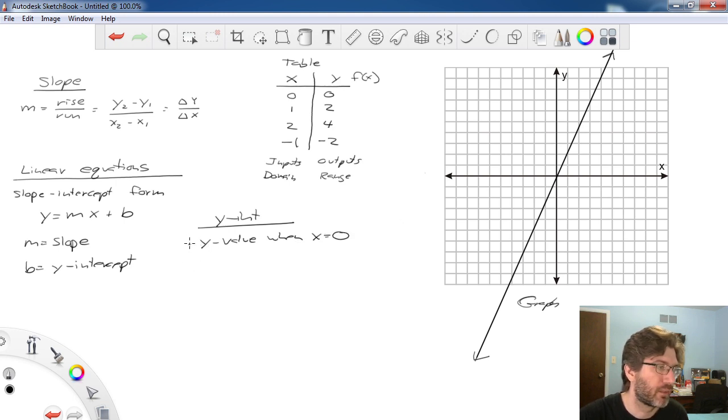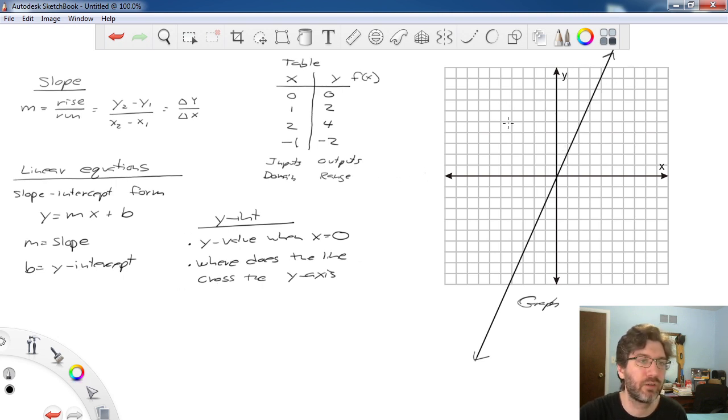Or another way of saying that is, where does a line cross the y-axis? That is your y-intercept. Now, what x value does it cross the y-axis? And looking at our graph here, that point is right here. It crosses the y-axis. So our intercept is 0, 0. Well, our intercept is 0. The point is 0, 0, because it's 0 on the y.